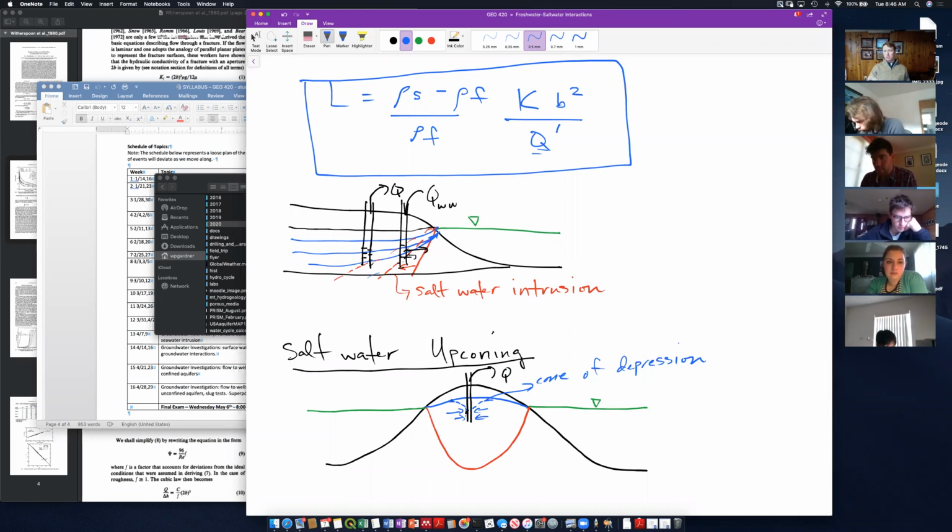But for now, let's just say once we start pumping, we induce this cone of depression. That is, the water table lowers around the well. Well, if my water table height lowers, what happens to my interface underneath the well?